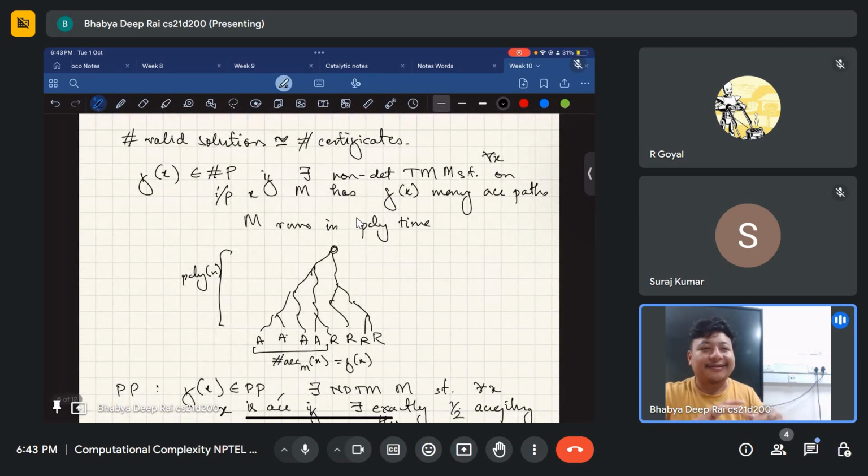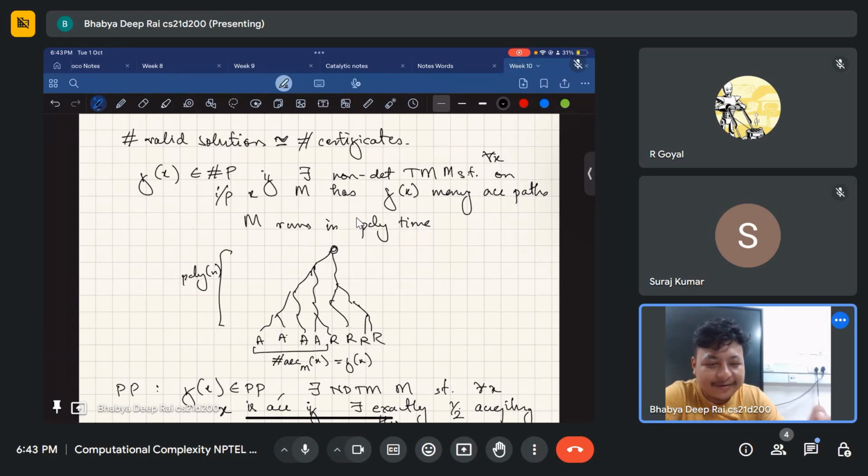But these are the different kinds of things that complexity theorists were studying around that time, and these are all actually some kind of generalization of NP. So NP is talking about a single accepting path. What if we are trying to count the number of paths? In other words, one motivation would be satisfiability.